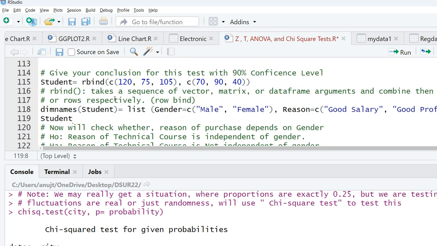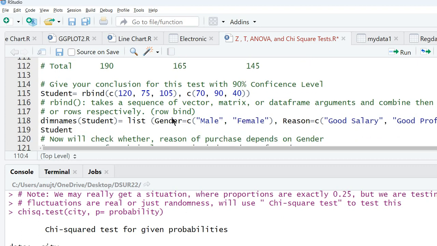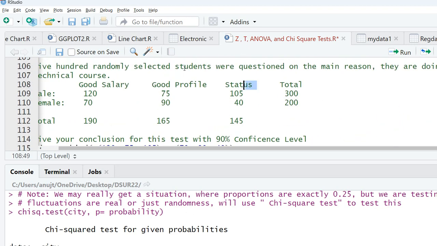Now I am providing dimension names as well. Firstly I have provided a list for gender: male, then female. So I'm using a list data structure right now. Gender: male, female, and reason. What are the reasons?